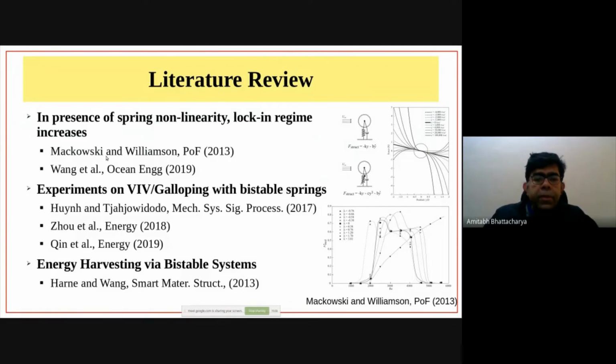So this is what was studied by McCoskey and Williamson, and later on Wang et al. also published a paper in Ocean Engineering on the same topic, where they got very similar results.